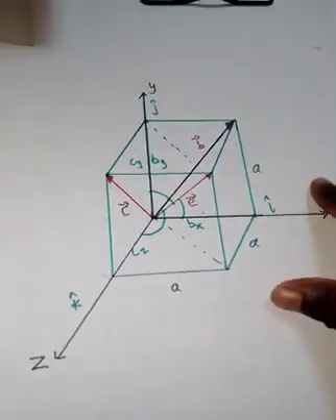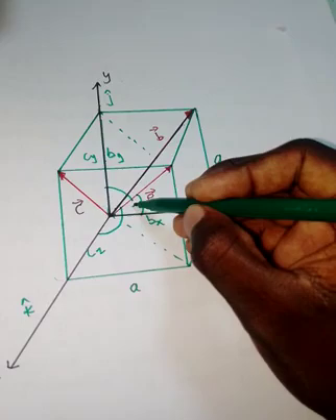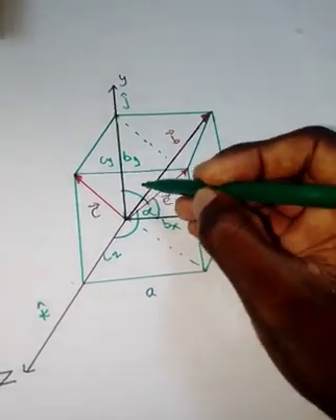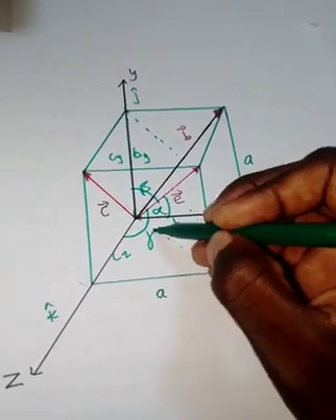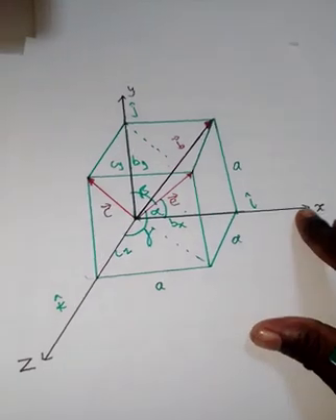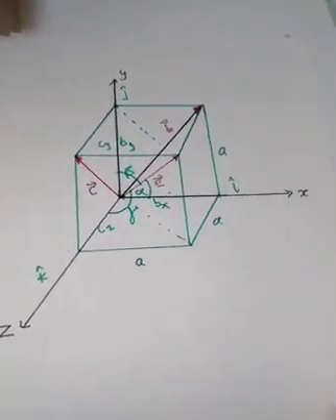These angles are represented by alpha, beta, and gamma, like that. Then here we have to find the direction cosines.